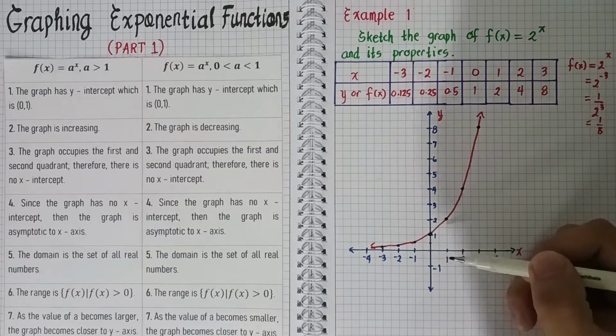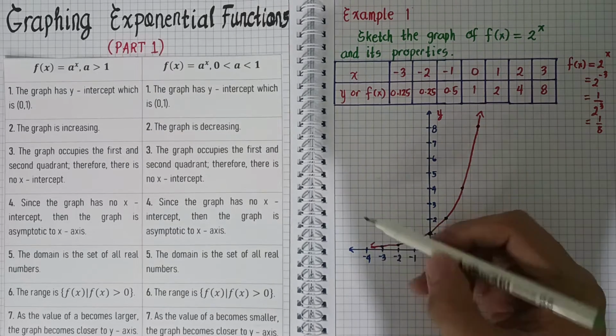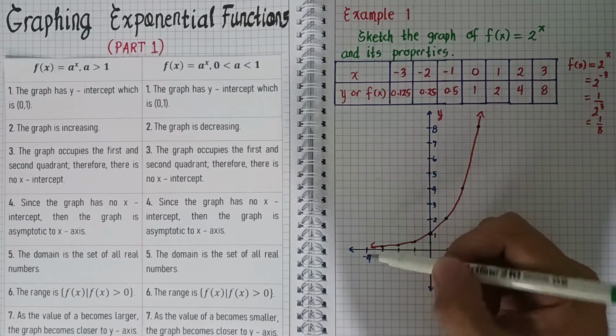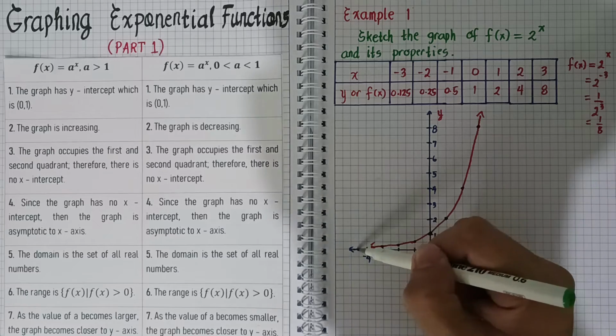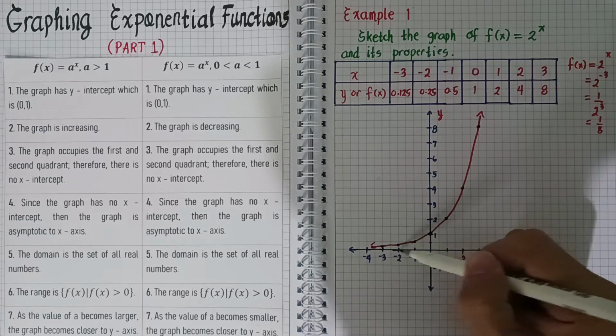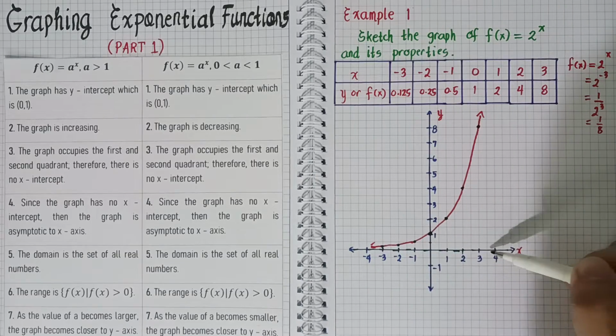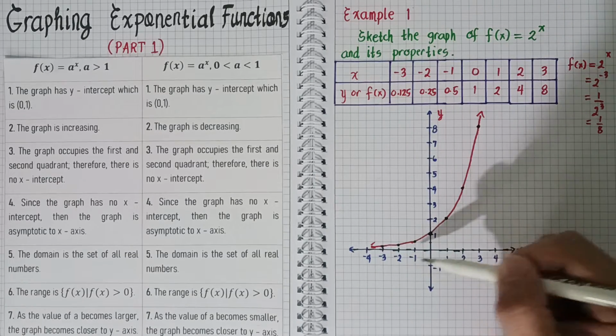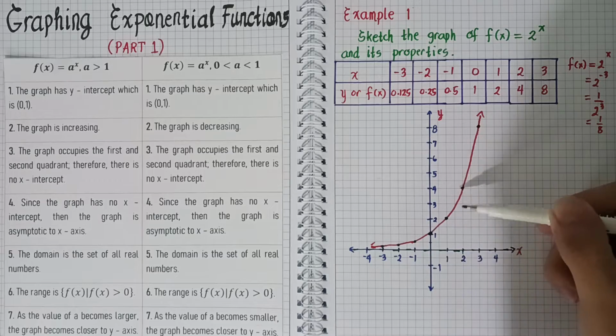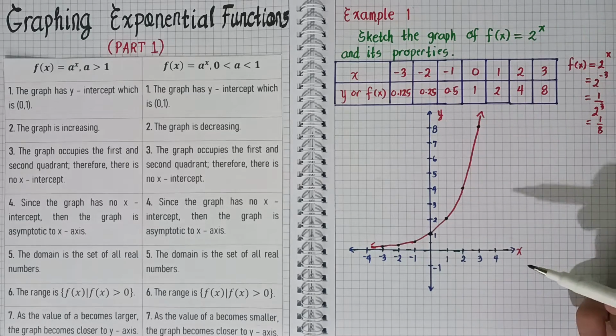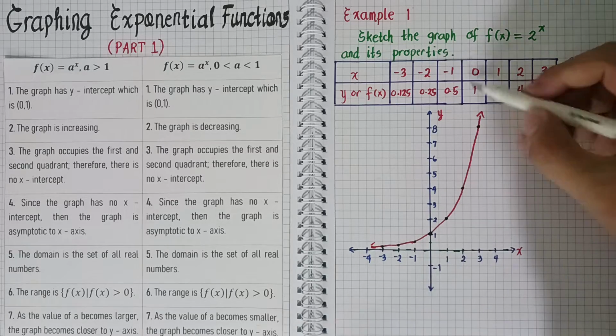Okay? Kaya meron tayo ditong tinatawag na horizontal asymptote, no? Nandyan yan. So, ang horizontal asymptote natin dito, guys, ay y equals 0. Okay? Kumbaga, meron tayong barrier, may harang. Hindi tayo pwedeng lumagpas doon. Okay? So, guys, lagyan natin ng label.